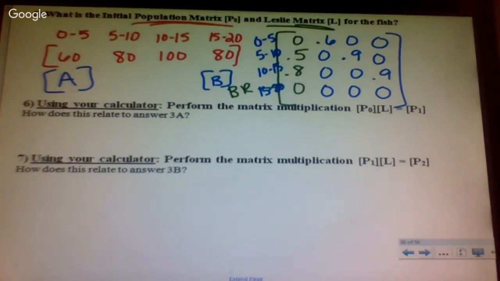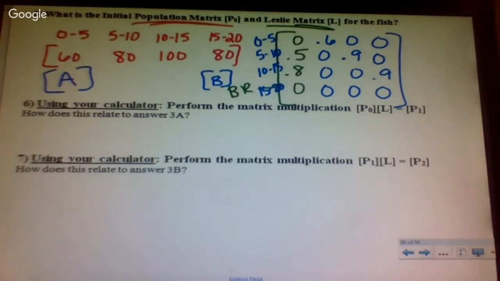So this would be newborns or 0 to... Okay, I see what you're saying. These are all ages. So it's going to be the same thing across the top, because you're just dealing with flat out ages and no other mixture in there.